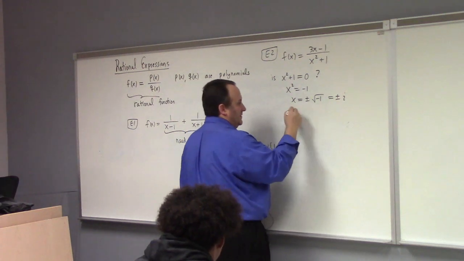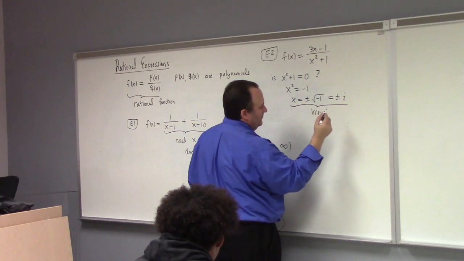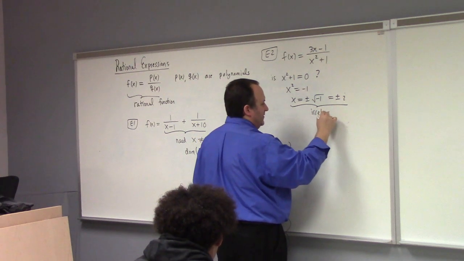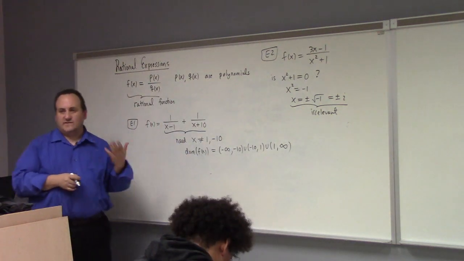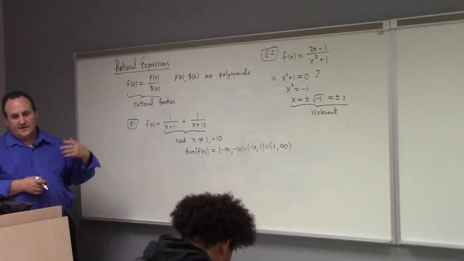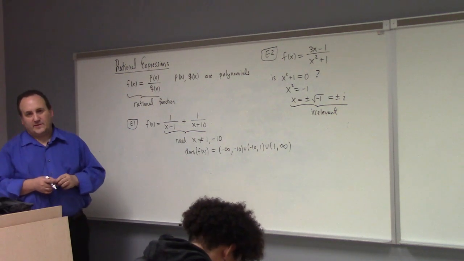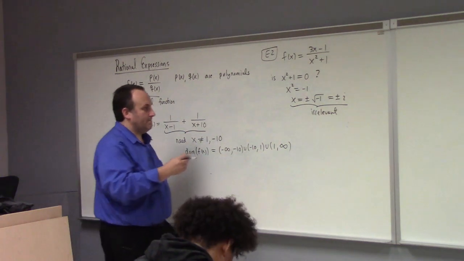So, irrelevant. Anyway, irrelevant, because our backdrop here is to consider functions of a real variable. If there's some complex number that messes up the formula, we don't care. So what's the domain then for this rational expression?